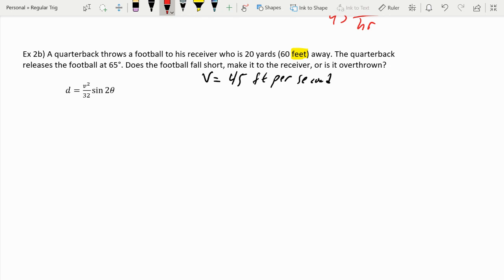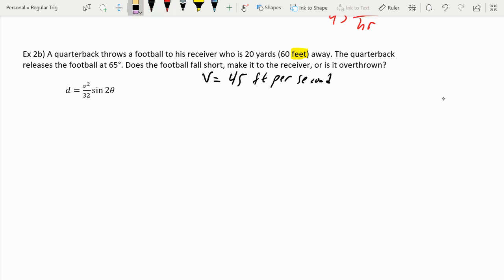the receiver is 60 feet away. But I don't want to put 60 in yet, because I want to know if this quarterback throws it at 45 feet per second at 65 degrees, does the football even make it to the receiver? Does it fall short or does it get overthrown?